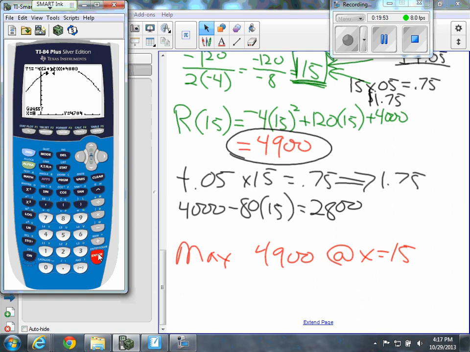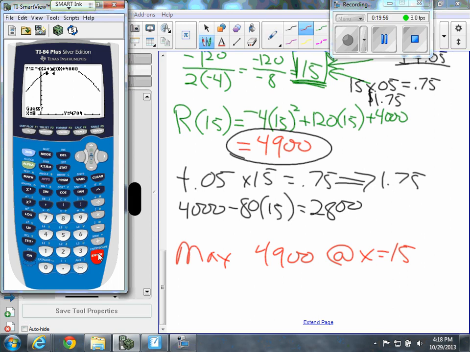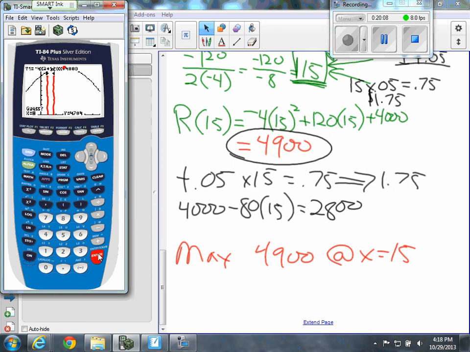So you can see that I have defined my neighborhood between these two arrows right there. And you can also see that my maximum, which is up here someplace, is not in that neighborhood. So if I define my neighborhood wrong, and I don't want to make a guess, I'm going to press enter.